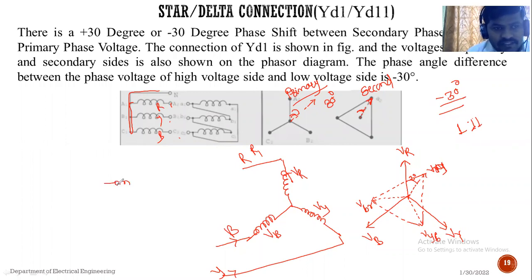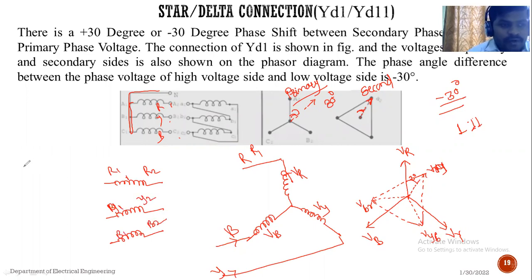These three phases, if connected in delta: R1, R2, Y1, Y2, B1, B2. As per the delta connection, R1 and B2 are common, so it is connected like this.